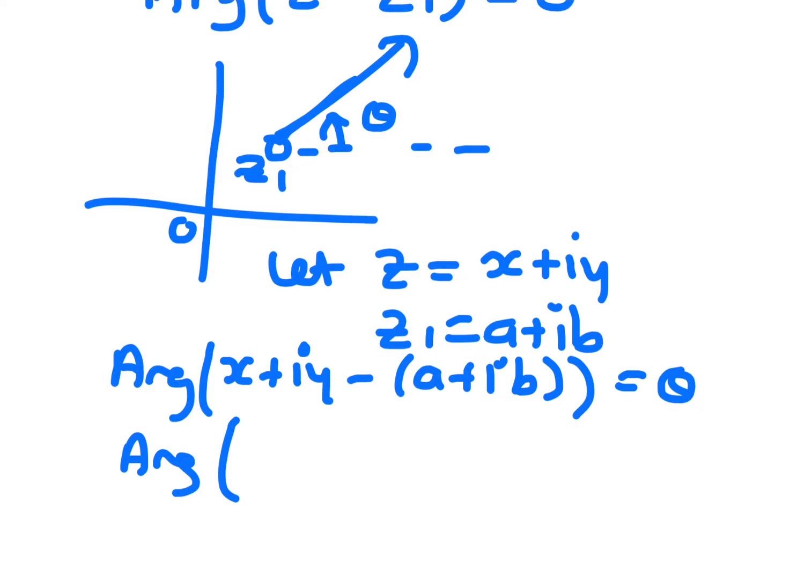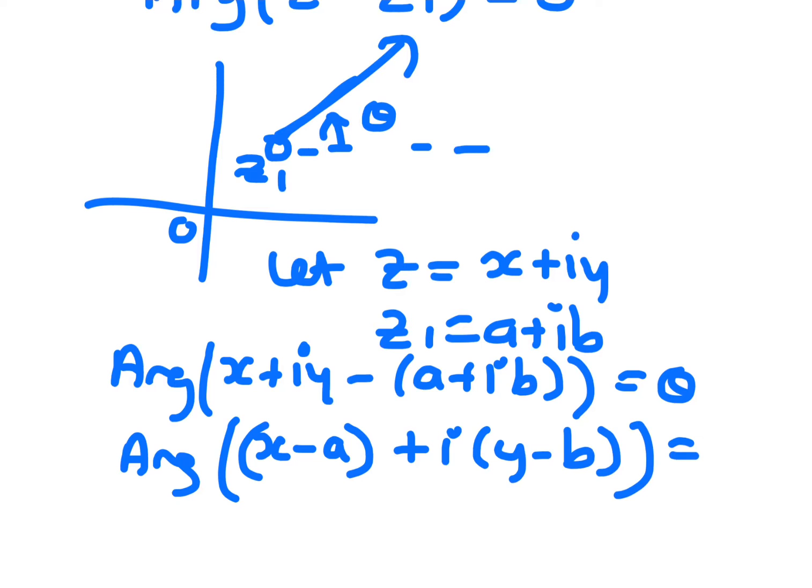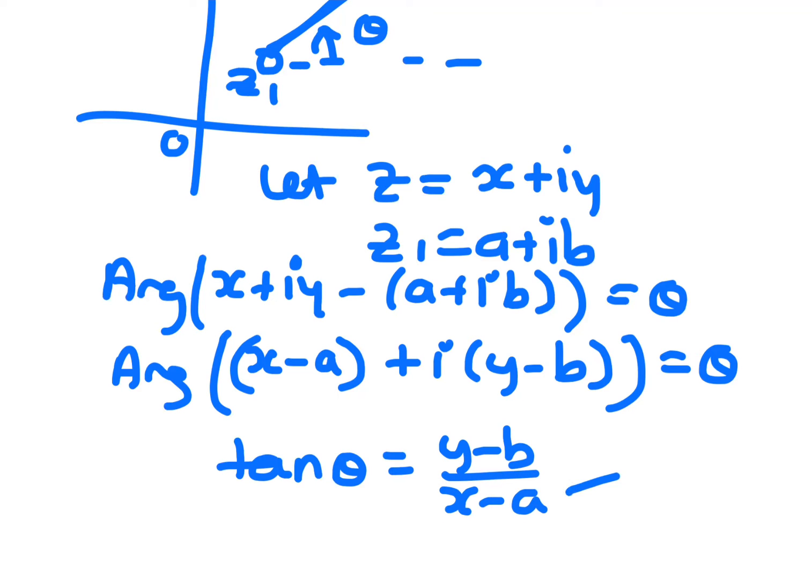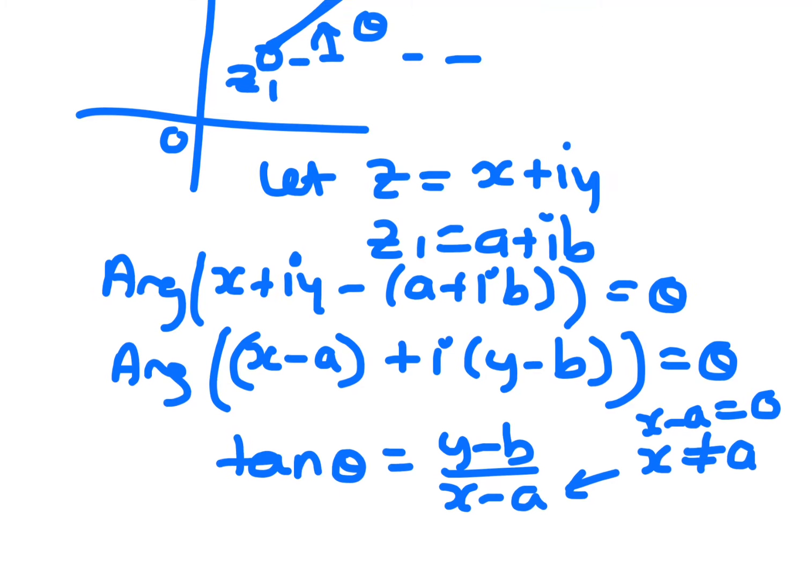So we put the real parts together and the imaginary parts together, and that means that tan theta would be y minus b on x minus a. Now we know that x cannot equal a, otherwise the denominator would be 0.